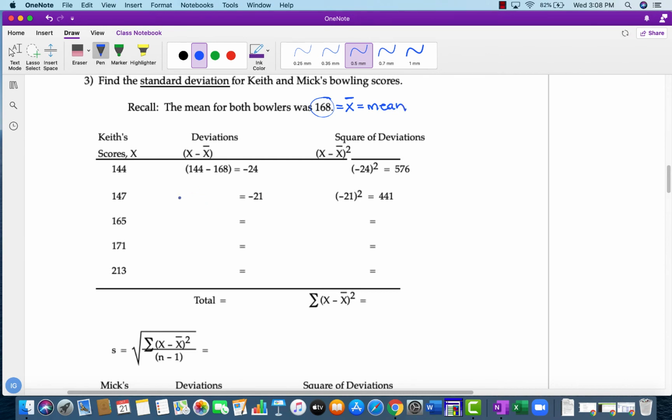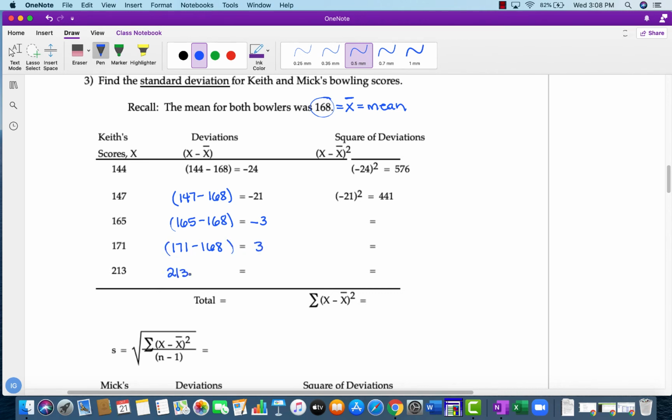Alright, so we're going to do the same thing for this one, 147 minus 168, and that gives you negative 21. Same thing on the next one, 165 minus 168, that gives you negative 3. Next, 171 minus 168, that gives you positive 3.